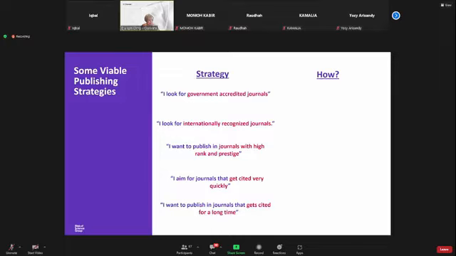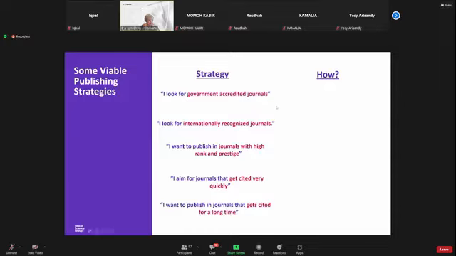It's a bit like learning how to swim. If you have never swum before and you're just starting out, most of the time you don't start with the deepest end of the pool. You would start somewhere mid-level, somewhere you can stand up, something safer, right? But also trusted. One such example would be to look for government accredited journals.